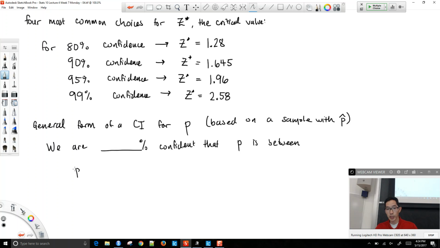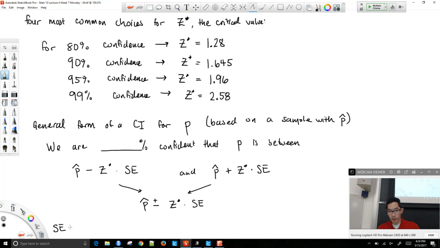and we would do P hat minus Z star times our, I'm going to write standard error, and P hat plus Z star times our standard error, okay? And we can combine these two things. We can just write P hat plus or minus Z star times the standard error.